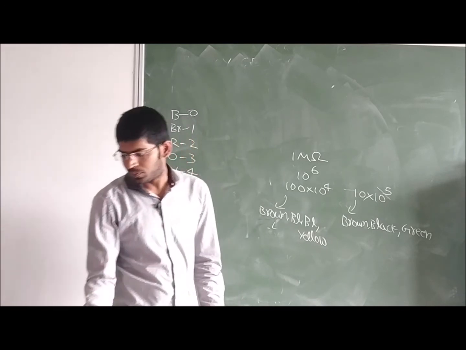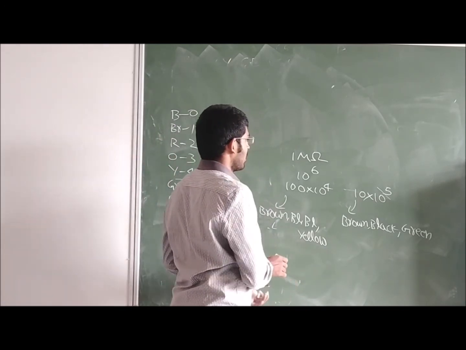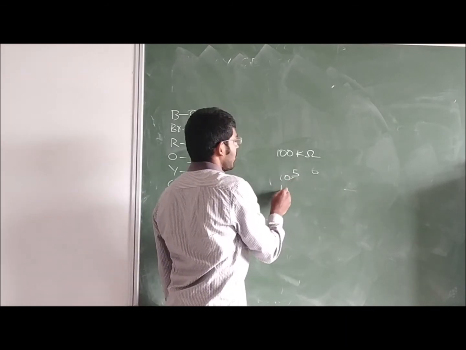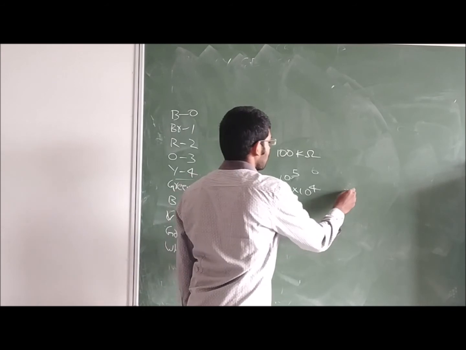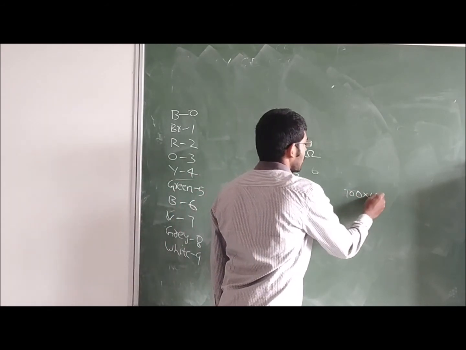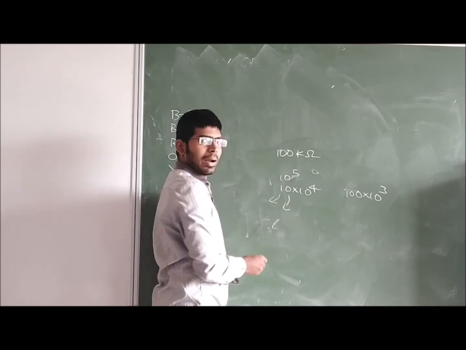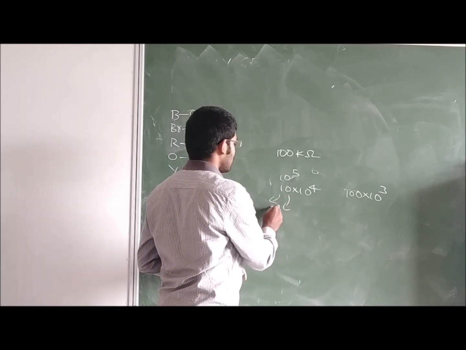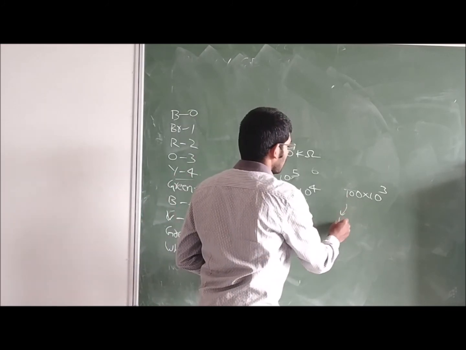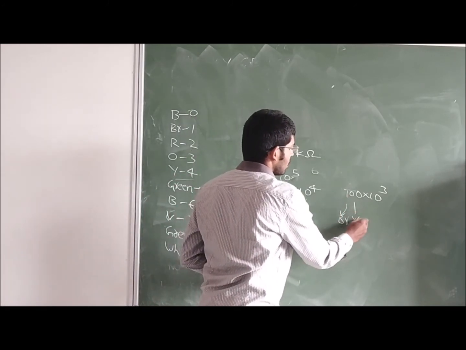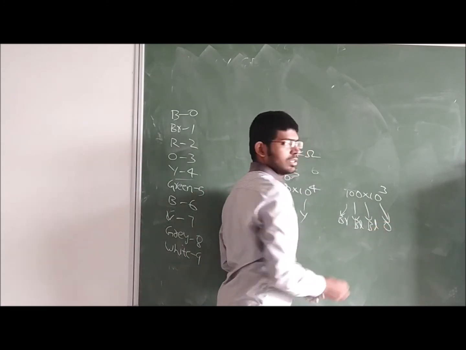Okay, next value. 100 kilo ohms: 10 to the power 5, 10 into 10 to the power 4 or 100 into 10 to the power 3. Brown, black, 10 to the power 4 means yellow. Or 100: brown, black, black, and 10 to the power 3 means orange.